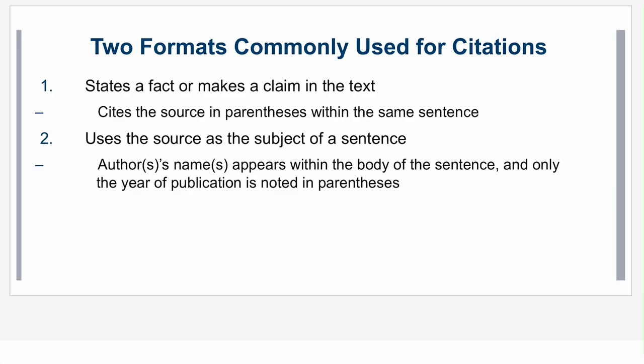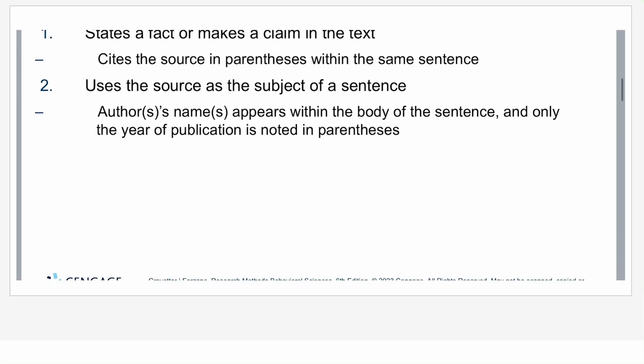Another key phrase that requires a citation is previous research has found, or previous research shows. Anytime you say the words previous research, you have to cite the research. You have to give at least one example of that previous research. It doesn't have to be an exhaustive list, but at least one citation for at least one source that goes along with that.